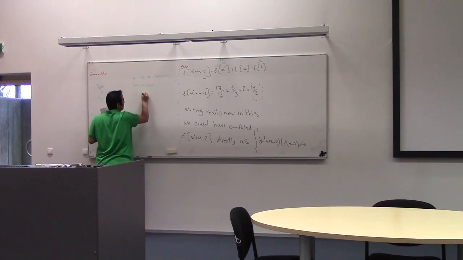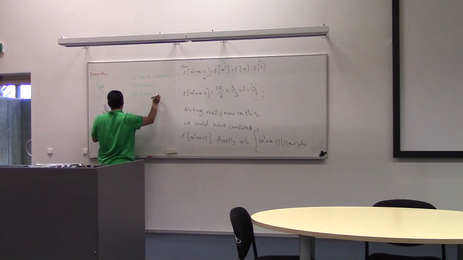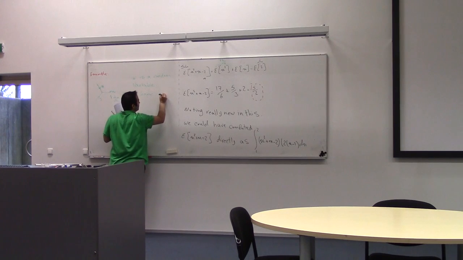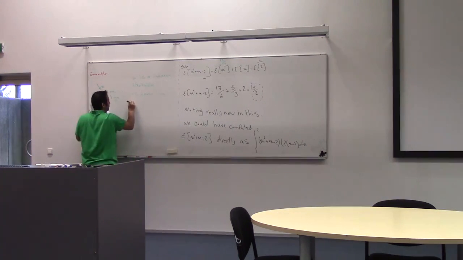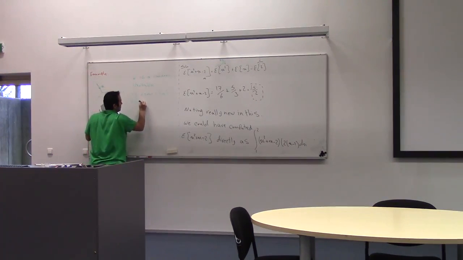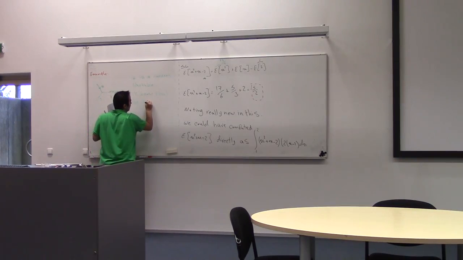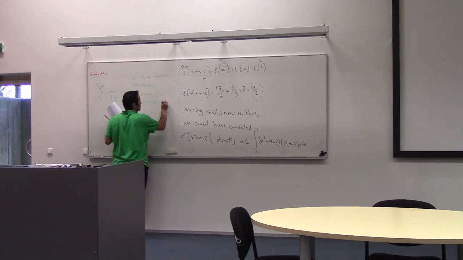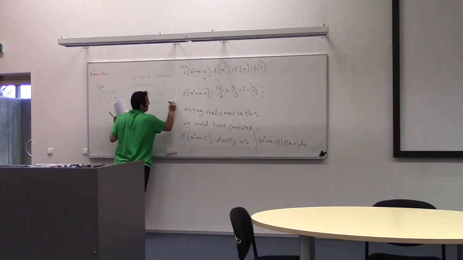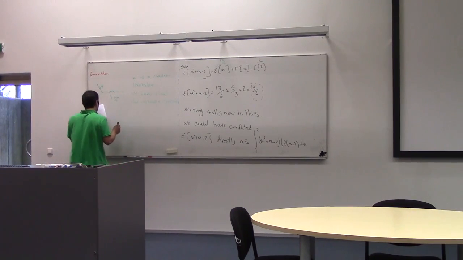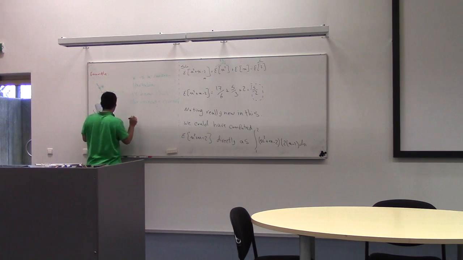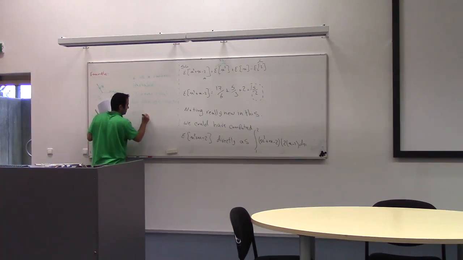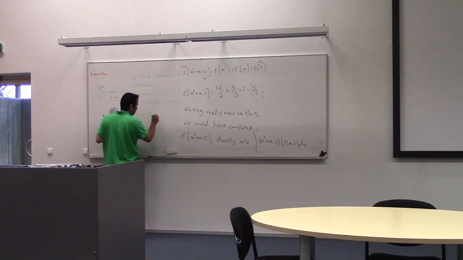We know that the average current mu X is equal to 1.